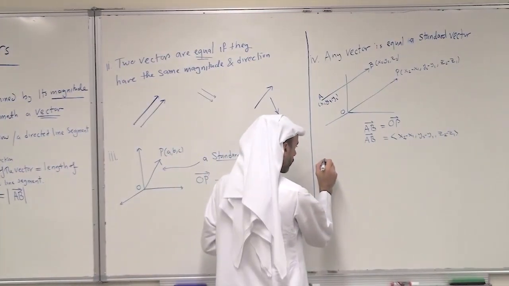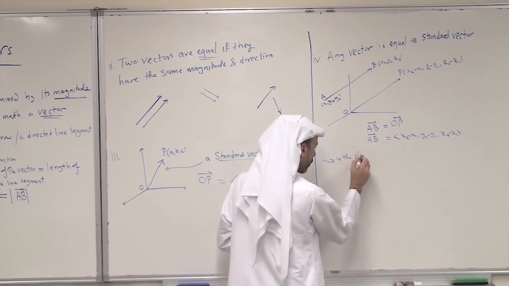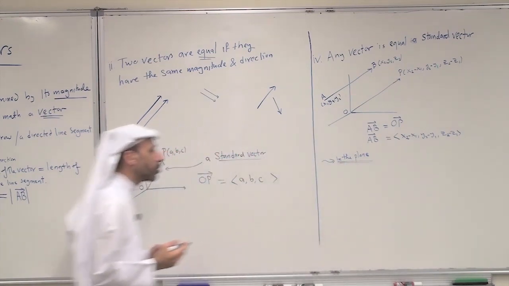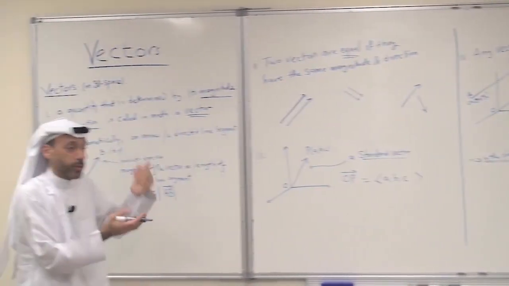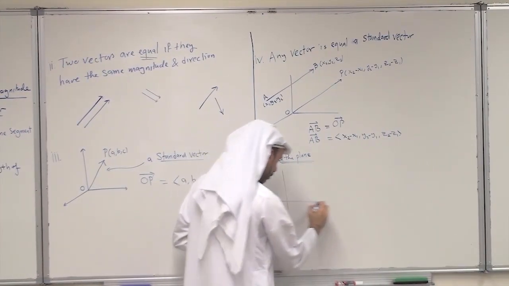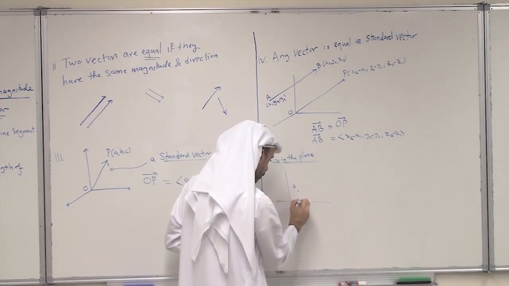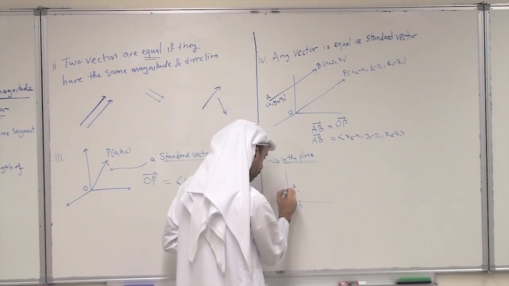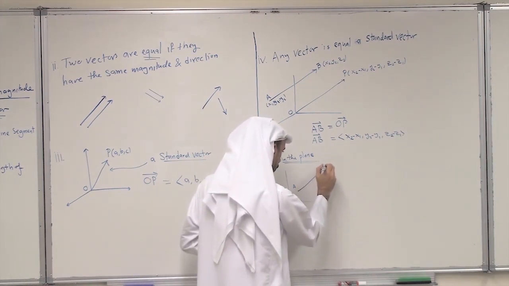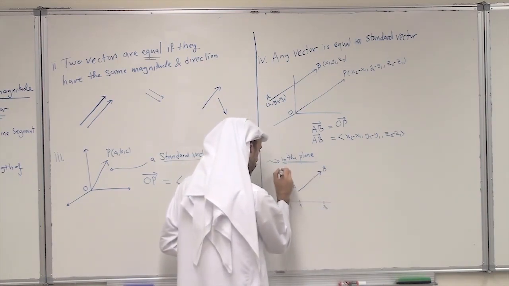So here, just in the plane, it can be seen easily that this is true, and then it can be generalized to 3-space. In the plane here, this point here is A, and this is x1, and this is y1, and the second point B, and this is x2, and this is y2.